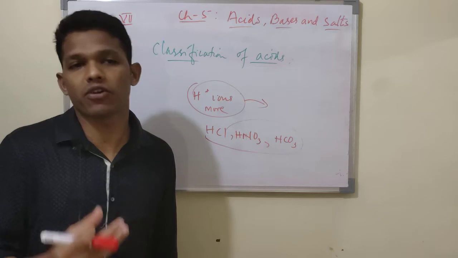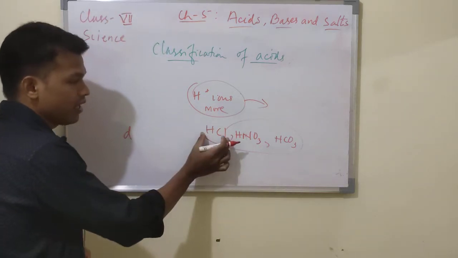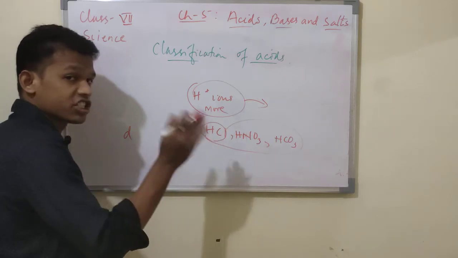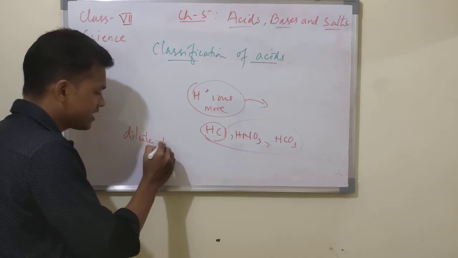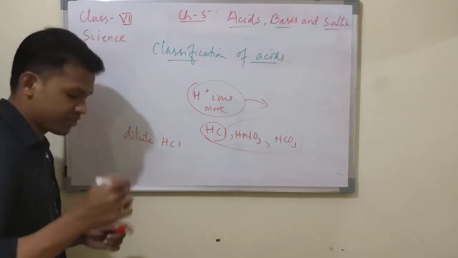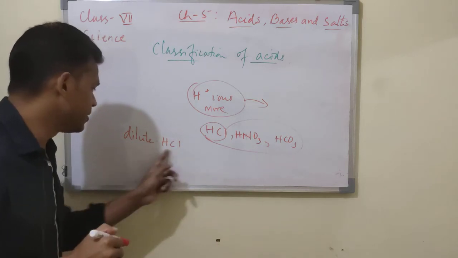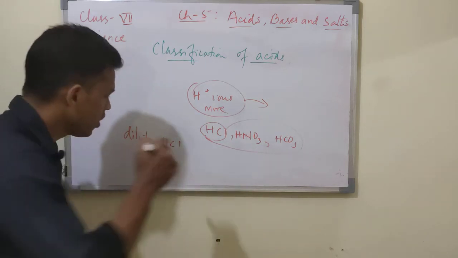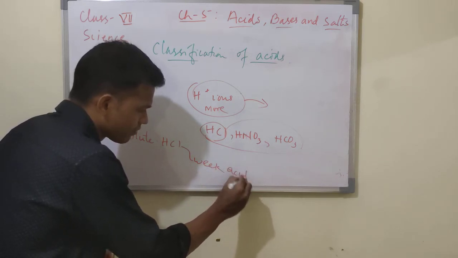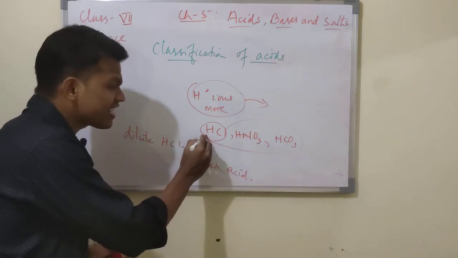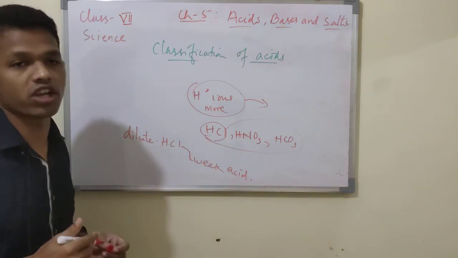If you talk about dilute HCl: sir, you told us hydrochloric acid is a strong acid, but dilute HCl? In some textbooks you will find dilute HCl. Dilute HCl means that this is a weak acid. If it is written concentrated HCl, then it is a strong acid.